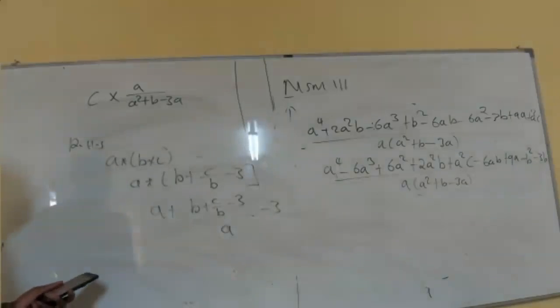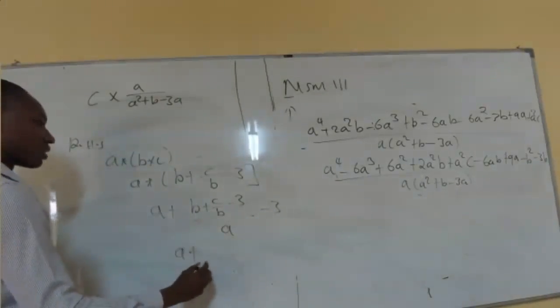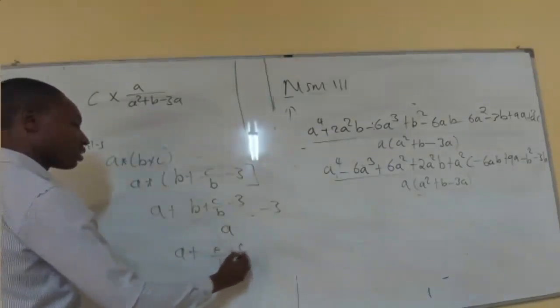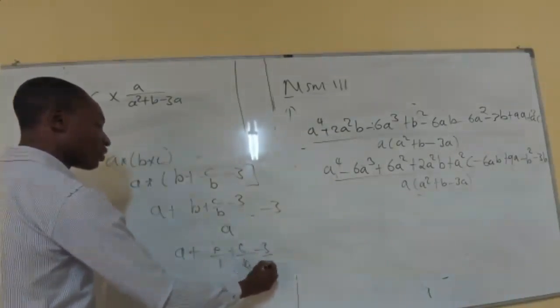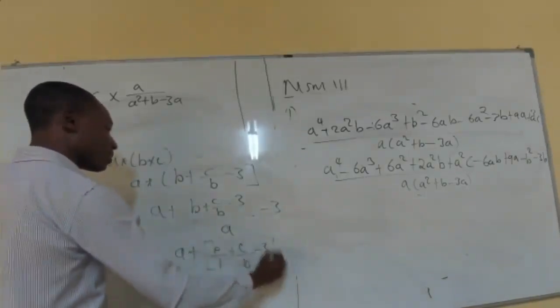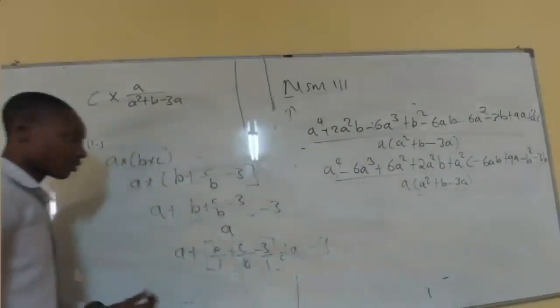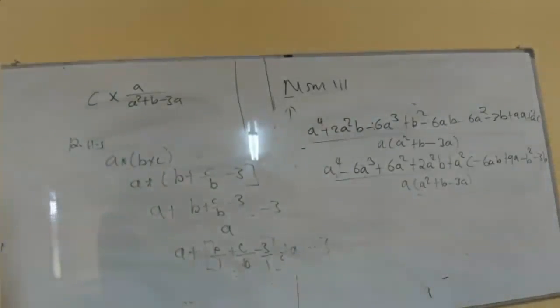From the numerator, you notice that the common denominator is B, so we have A plus B over 1 plus C over B minus 3 over 1. Then everything is being divided by A, then subtract a 3. Then we're subtracting a 3.